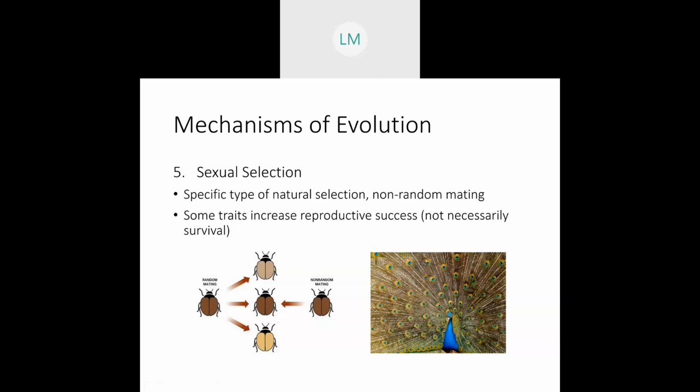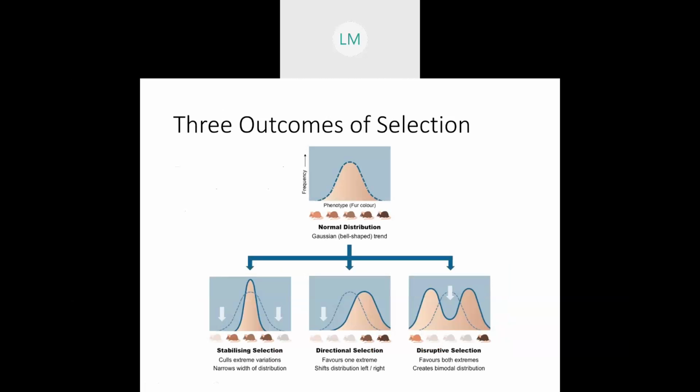Why would a female choose this ornamented male over this other male? And maybe it is the fact that that ornament makes it harder to survive, right? If this giant peacock tail makes it hard for a peacock to survive, but that peacock's still alive, maybe that female is like, oh, well, he's probably got some pretty strong genes if he can survive with that giant tail, right? There's lots of theories out there about how this works. Super interesting stuff there.